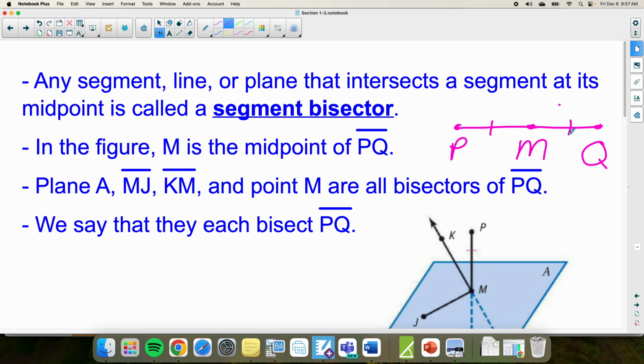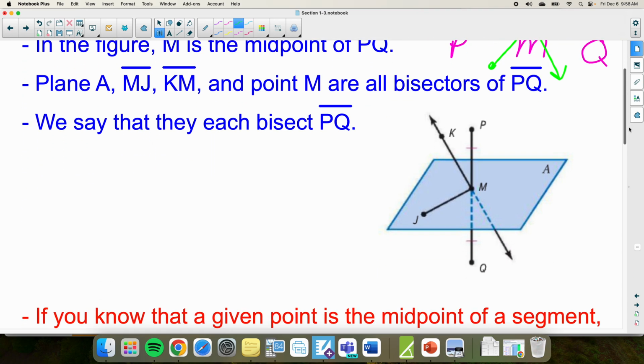So what a segment bisector would be is anything that would cut through that segment at its midpoint. It could be a segment, it could be a line. On Monday, we'll talk about rays. It could be a ray. It could even be a plane that cuts through there. So any of those things that go through a segment at its midpoint is called a segment bisector, okay?